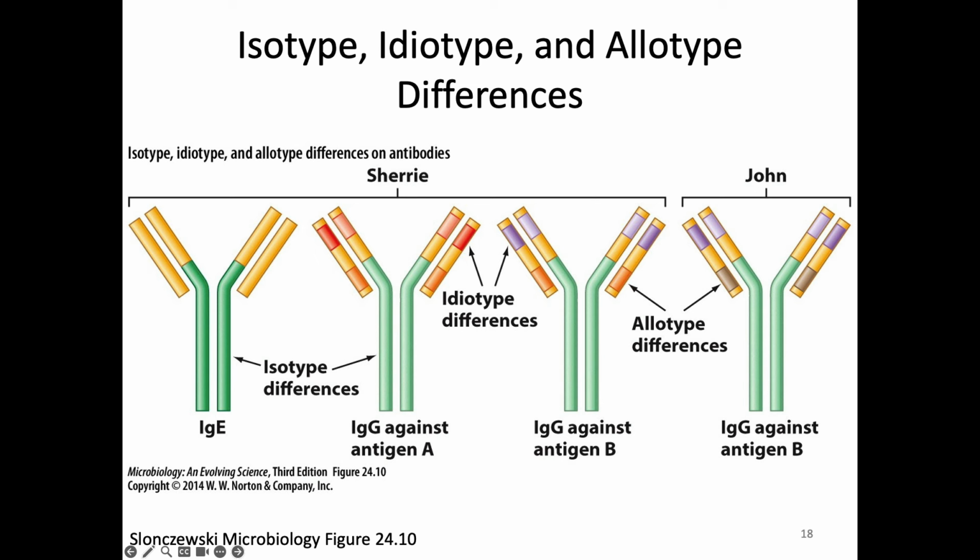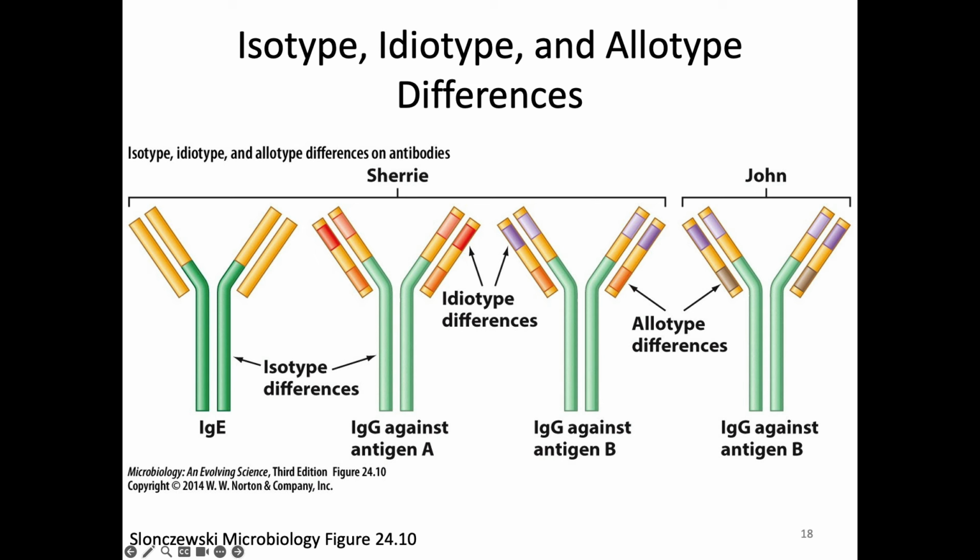But I have actually had some students get really confused here. And so what I want you to notice first is that we've got these antibodies from this person named Sherry. I don't know why her name is Sherry, but her name is Sherry. And Sherry could have antibodies of different isotypes, like IgE versus IgG.